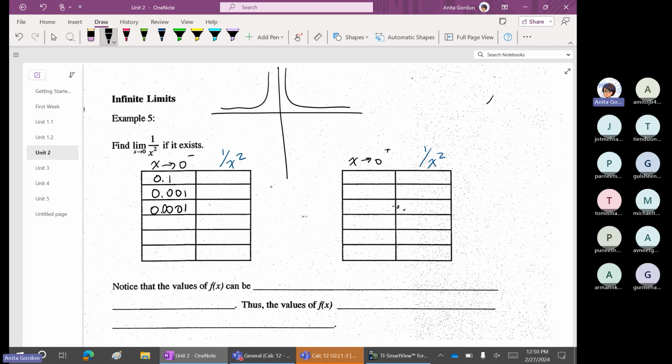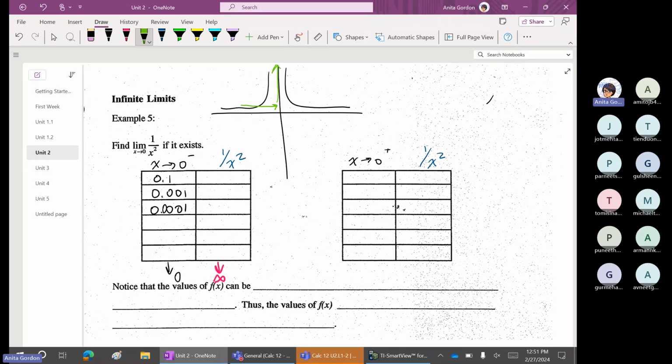I'm hoping that you can see that as x gets closer and closer to 0, when we have a denominator that gets very, very small, what does the value of the fraction become? It becomes very, very big, right? So this will go off to infinity. This is why we can't divide by 0, because infinity isn't a number, right? And you can see from the picture as well. As we get close to 0, our graph is taking off to infinity forever and ever.